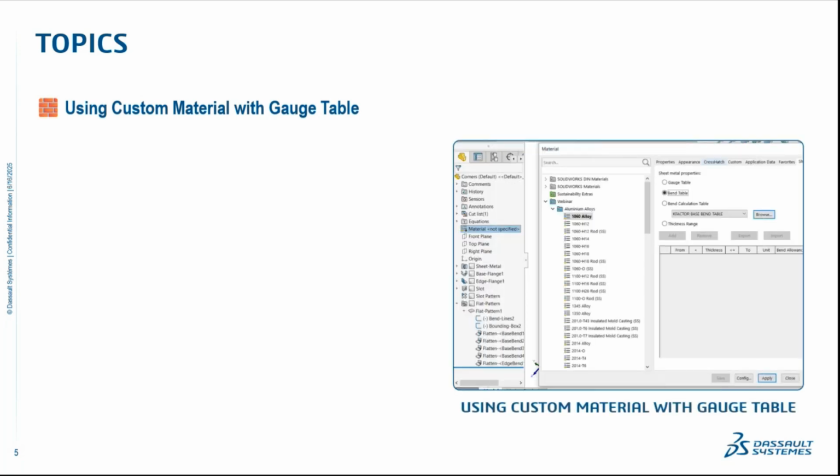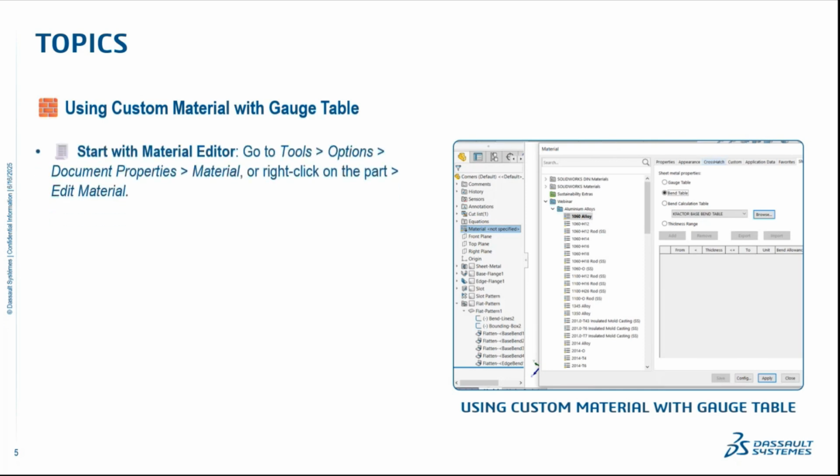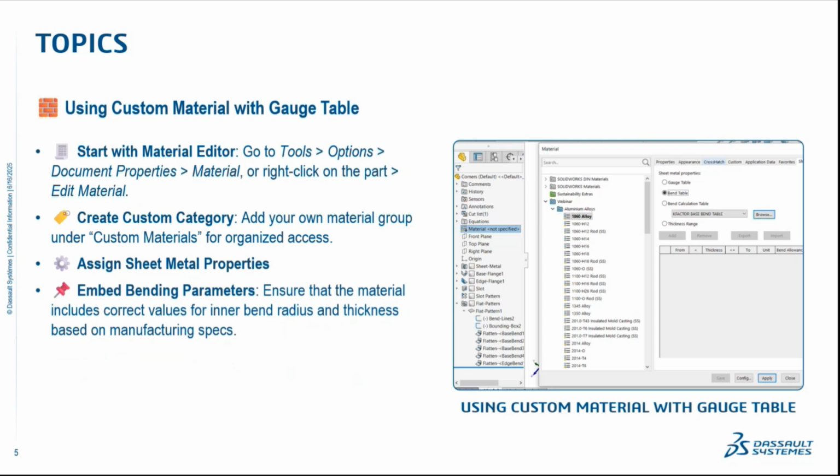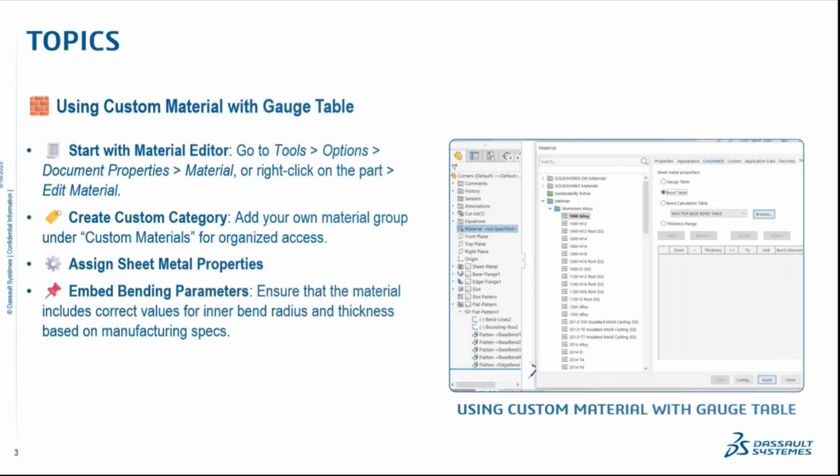I don't want to go to the gauge table and select this thickness or this gauge. So in that case, we can go to our material editor and create our customized category, create our own group, and add our materials over there. How will it help? It will assign sheet metal properties automatically. It will embed the bending parameters like thickness, band radius, all the sheet metal properties automatically.